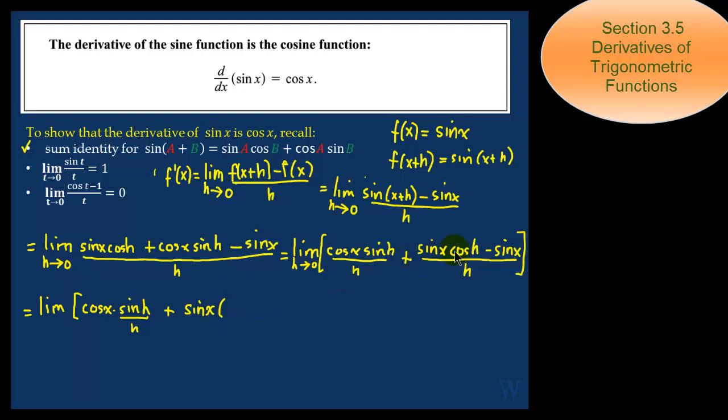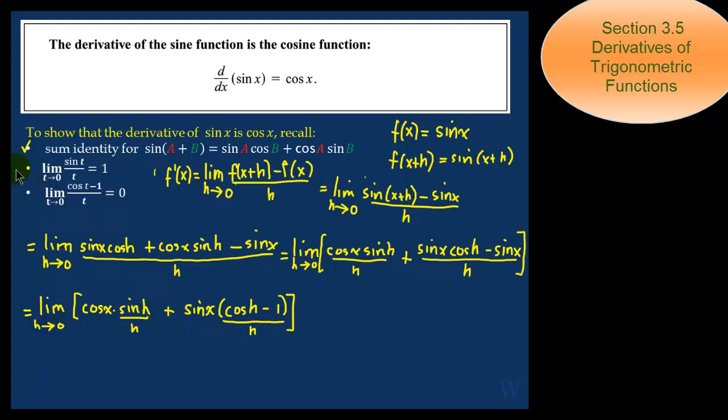And what is left then, if we pull out the common factor sine of x, it'll be cosine of h minus 1, whole thing divided by h, we take the limit as h approaches 0.